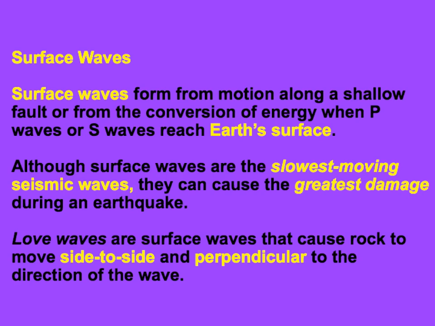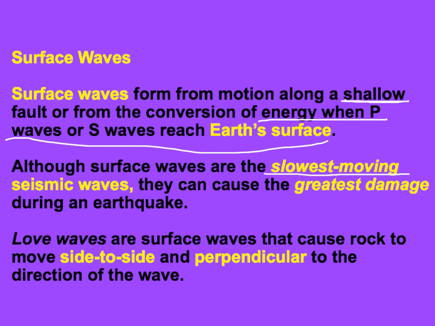The surface waves themselves only come from shallow earthquakes, or from energy when the P waves and S waves reach Earth's surface. They are the slowest moving seismic waves.